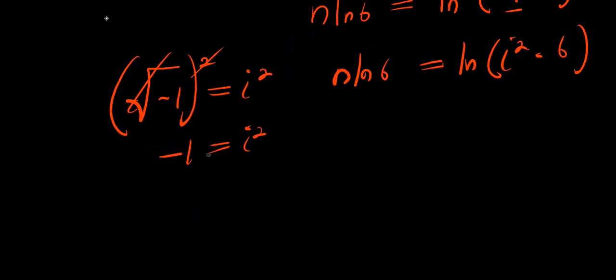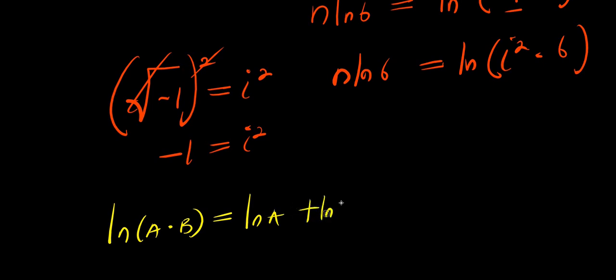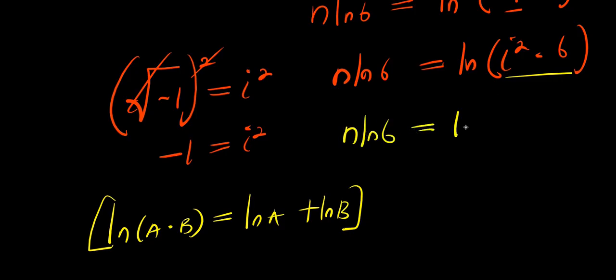So we go back to the same identity again. You have natural log a times b equals natural log a plus natural log b. Applying that here, I have n times natural log 6 equals natural log I power 2 plus natural log 6.